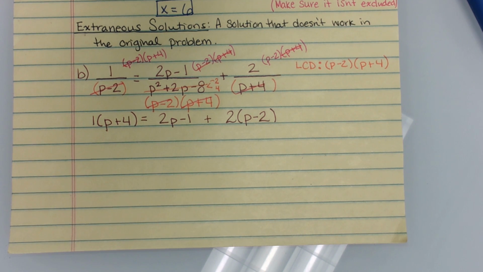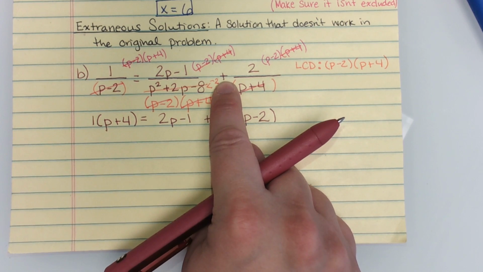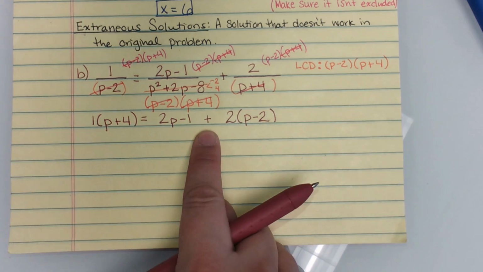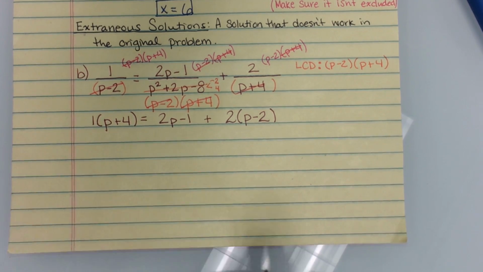Happens in adding and subtracting as well, but especially in solving. If you are distributing, you might have to distribute a negative with it. I highly recommend you wait to distribute until after this, because had this been a minus, you would have needed to distribute negative 2. So be careful of that.